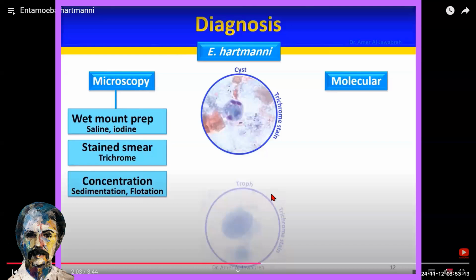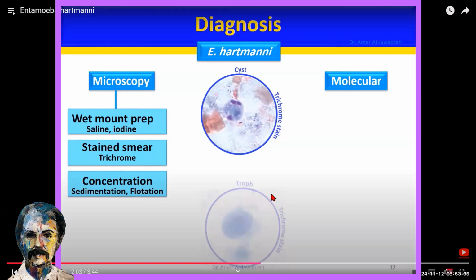Diagnosis, you can refer down below this video to the E. histolytica video. There we explained all the diagnosis for the amoebas in general in detail. Quickly, we do here wet mount, saline and iodine. In the saline, you can see the cyst and the trophozoite.